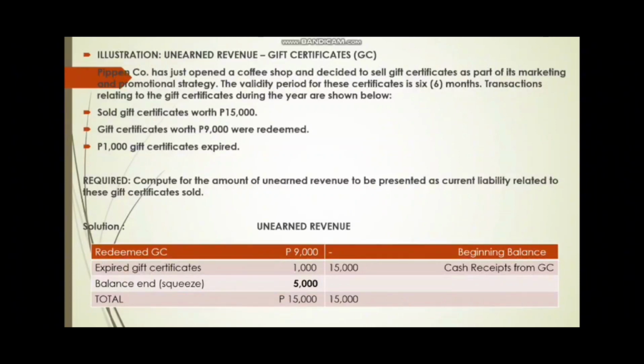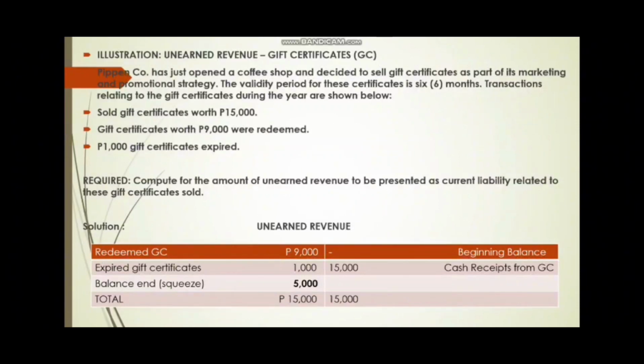What you do is identify the redeemed gift certificates. Here, the redeemed certificates are the 9,000 gift certificates redeemed. For the beginning balance, there is no beginning balance. And for cash receipts from gift certificates, sold gift certificates worth 15,000.